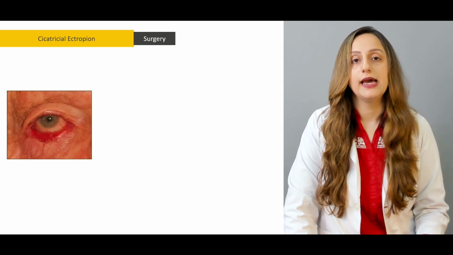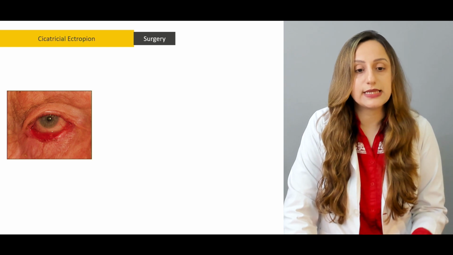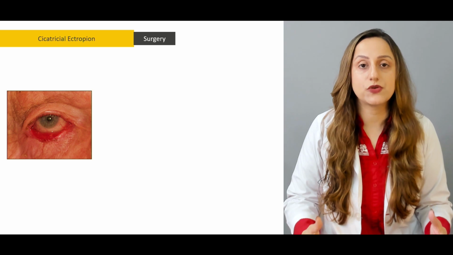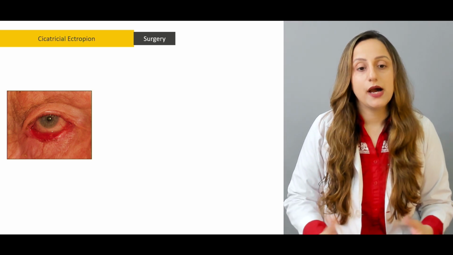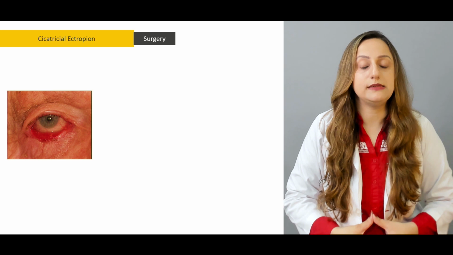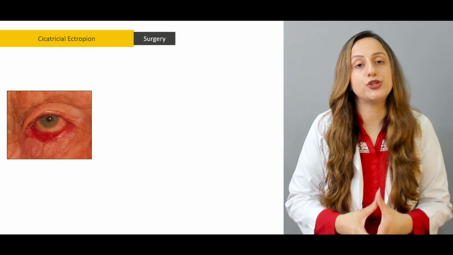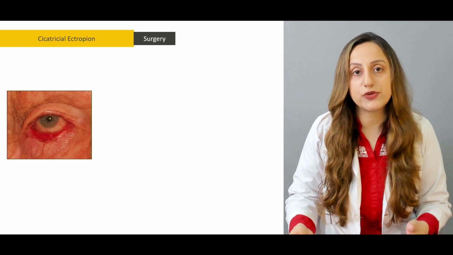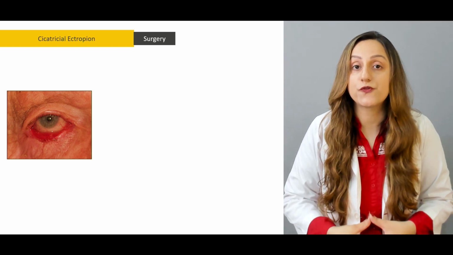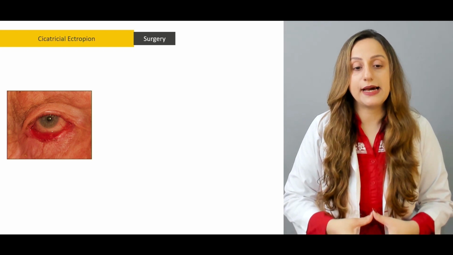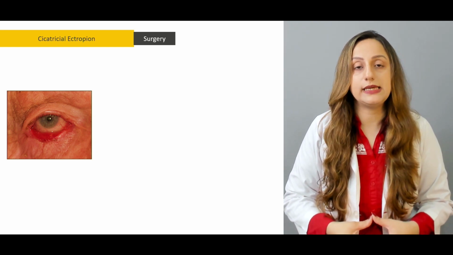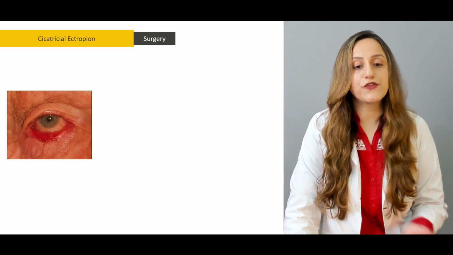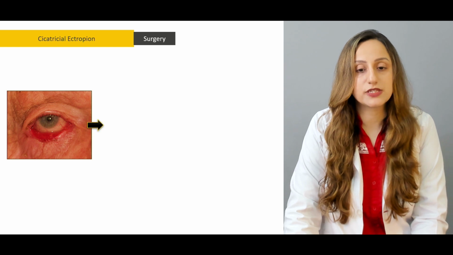So usually we perform surgeries in these patients. You treat the infections first of all. If it is a case of a chronic progressive inflammation, you're going to treat that with broad spectrum antibiotics, or you provide steroids, and you basically hinder the inflammatory processes in these patients. And then you're going to perform the surgery that is particularly focusing on the ectropion that it has caused. So you're going to freshen up the margins in this kind of surgery.